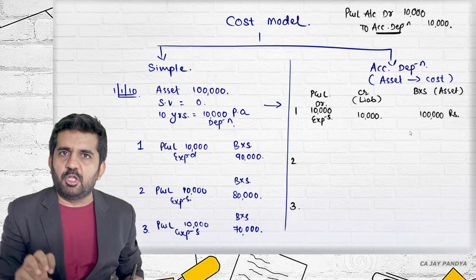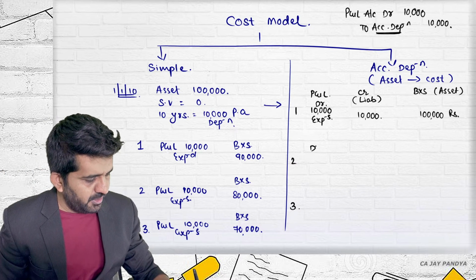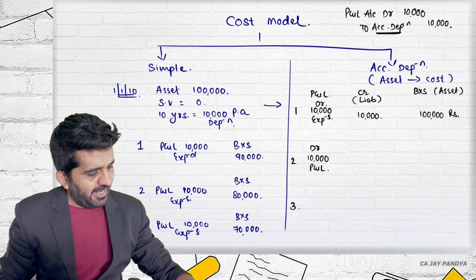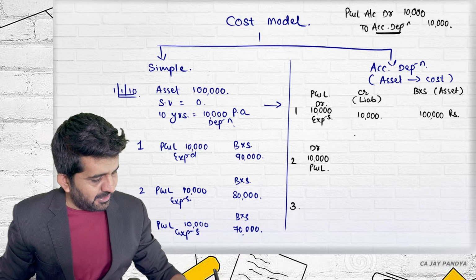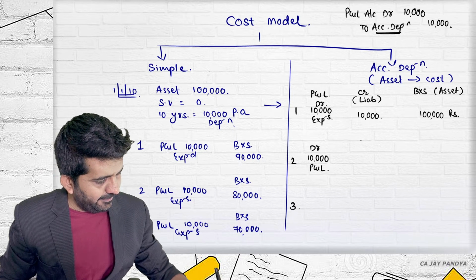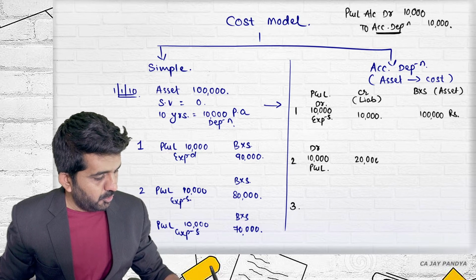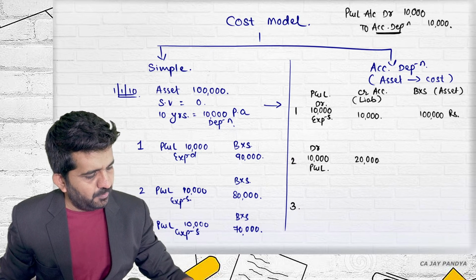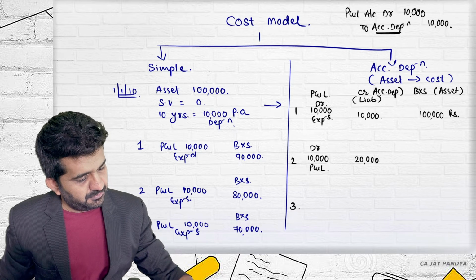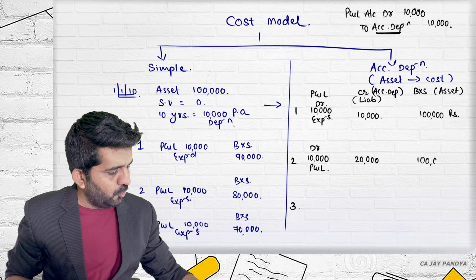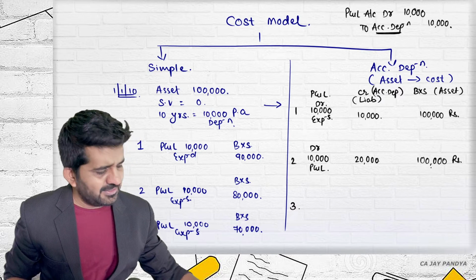Let me first complete all 3 years and then we'll be discussing some more. In second year also, I will be debiting 10,000 rupees to P&L account. Accumulated depreciation 10,000 rupees will be added, so the balance will become 20,000 rupees. And balance sheet will show 1 lakh rupees as asset.